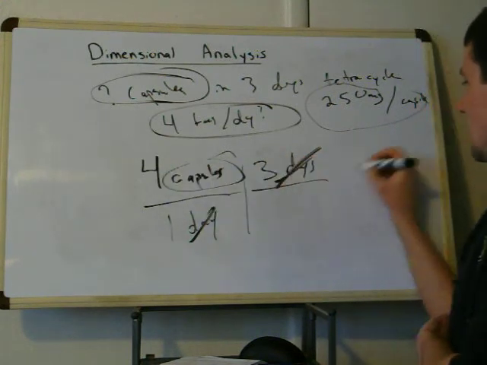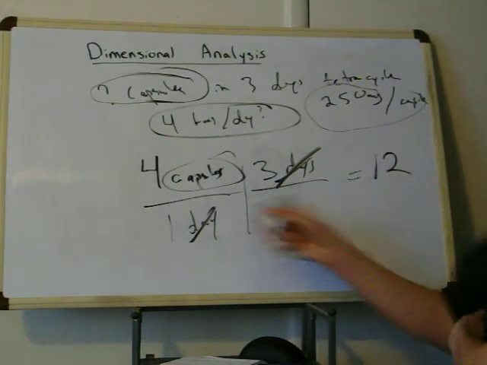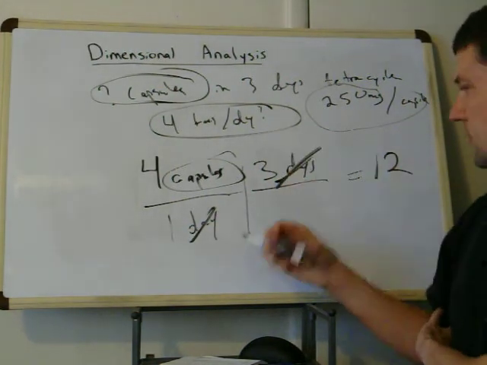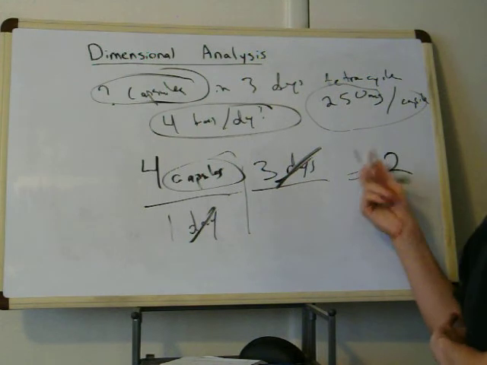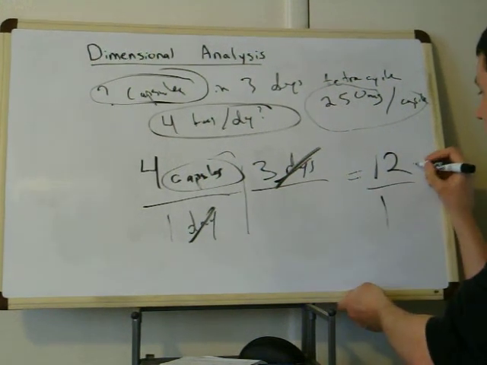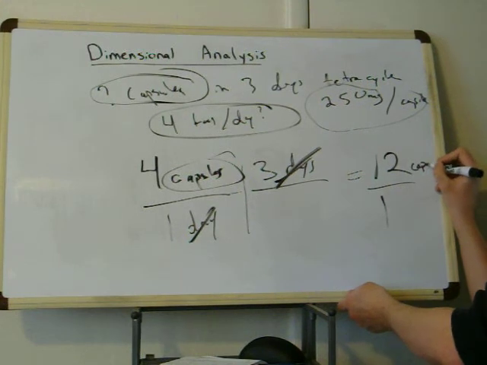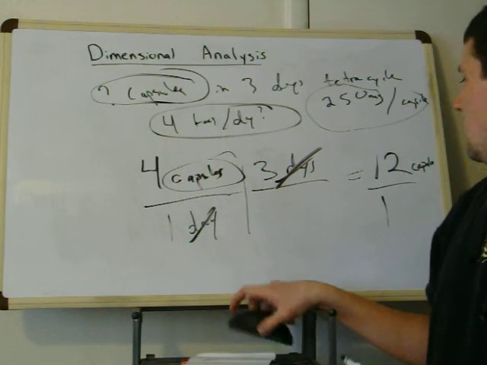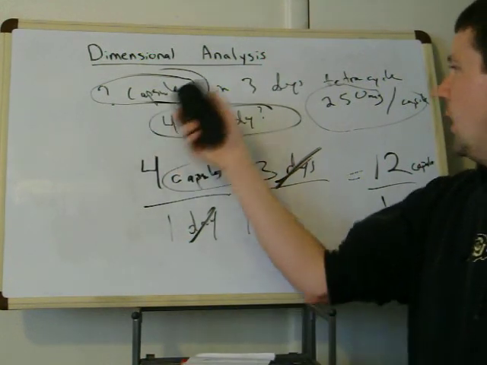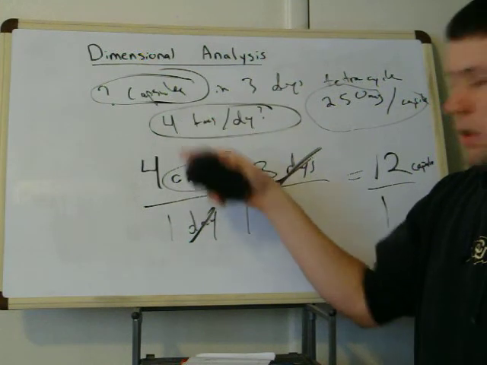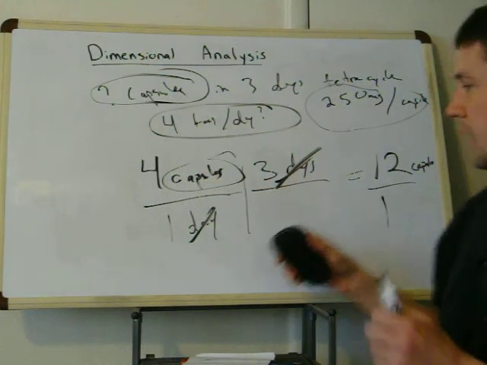So 4 times 3 is 12, and then 1 times 1. That's 12 over 1. We keep track of our units, and we get 12 over 1, or 12. So in 3 days, you're using up 12 capsules.